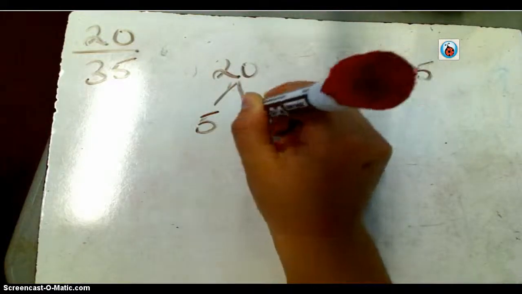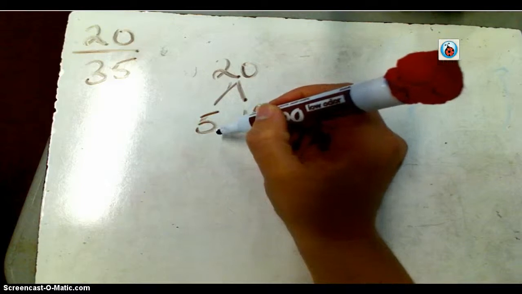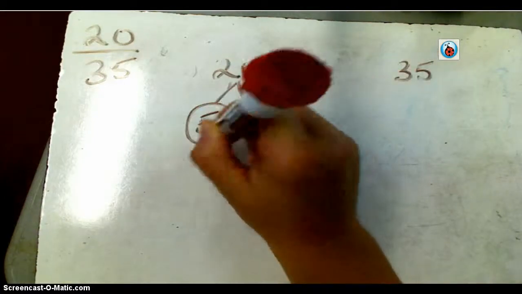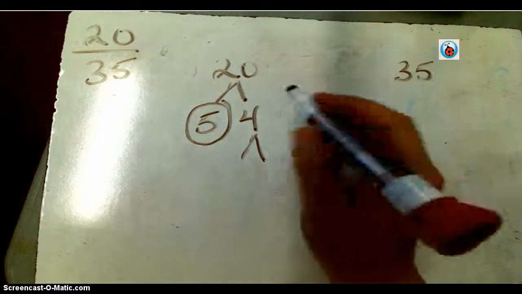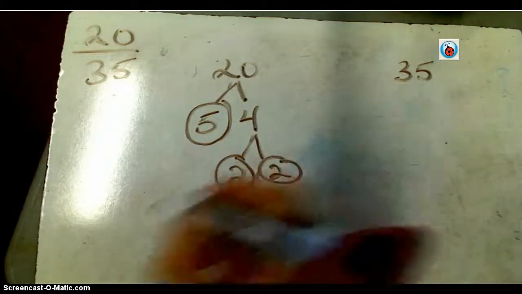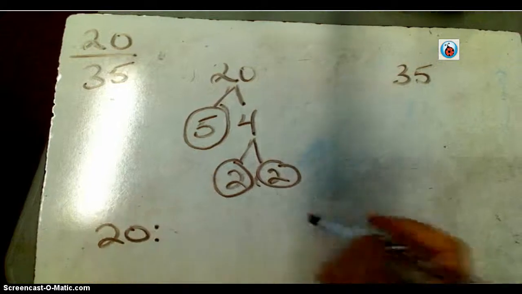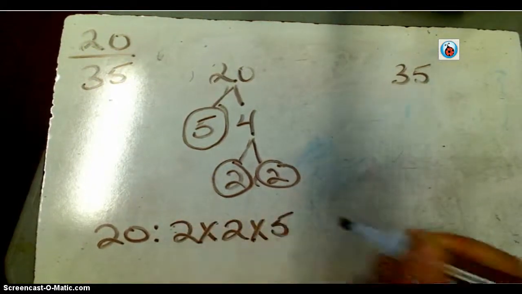Yeah, let's do 5 times 4. Is 5 prime or composite? Okay, prime. 4 can be divided into? 2 times 2. Okay, now those are prime. So my prime factorization for 20 is 2 times 2 times 5.